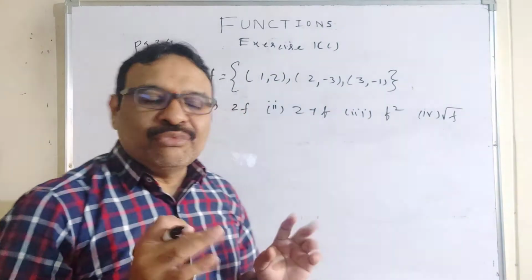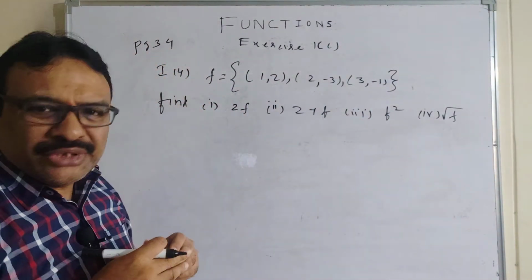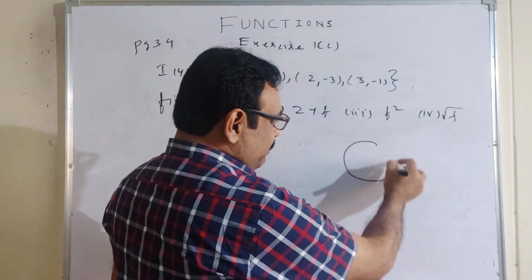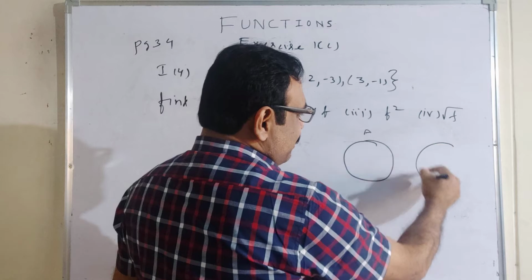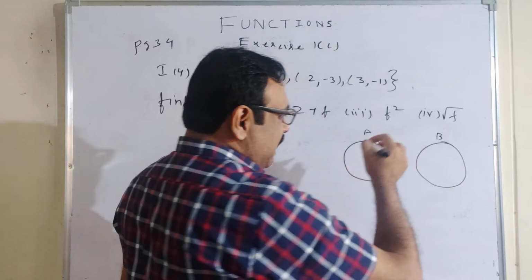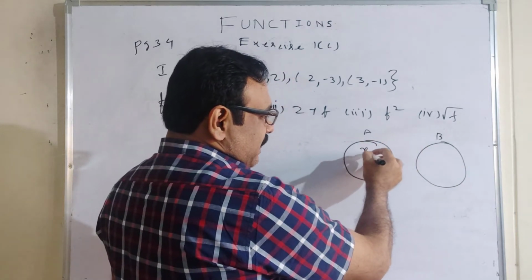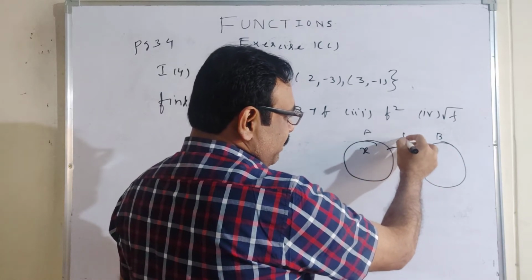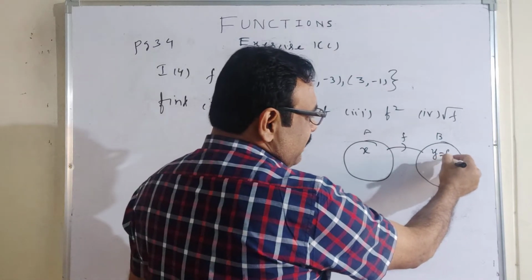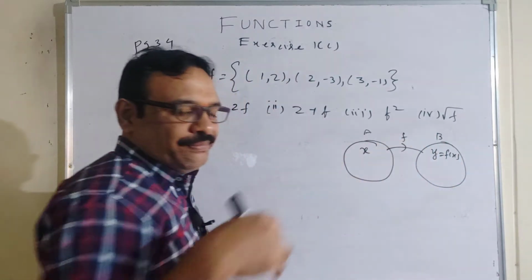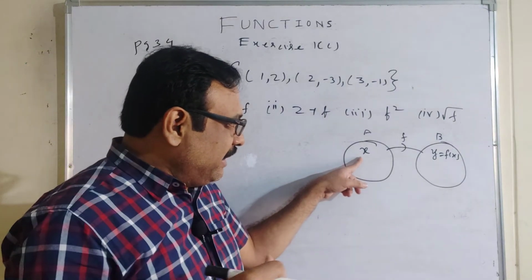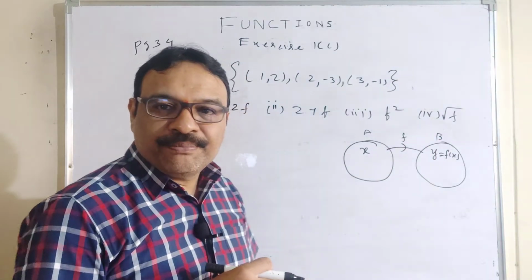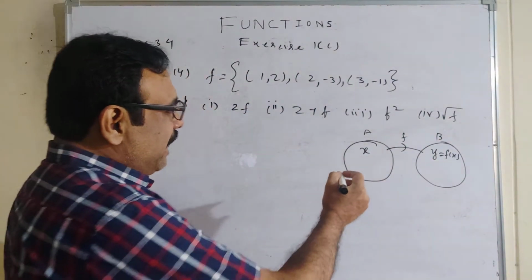Guys, first you need to understand one thing. What is 2f? To understand this precisely, this is going to be the set A and this is going to be the set B. As we know, this contains x and this contains y. If f is a function from A to B, you say that y is equal to f of x. That means if x belongs to the domain, f of x belongs to codomain B. What are the domain elements we have?